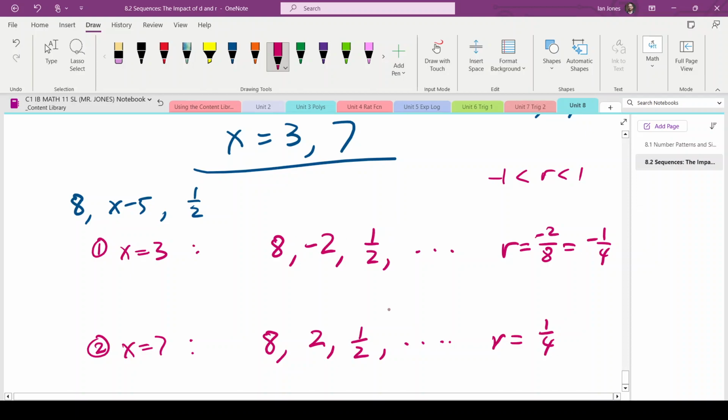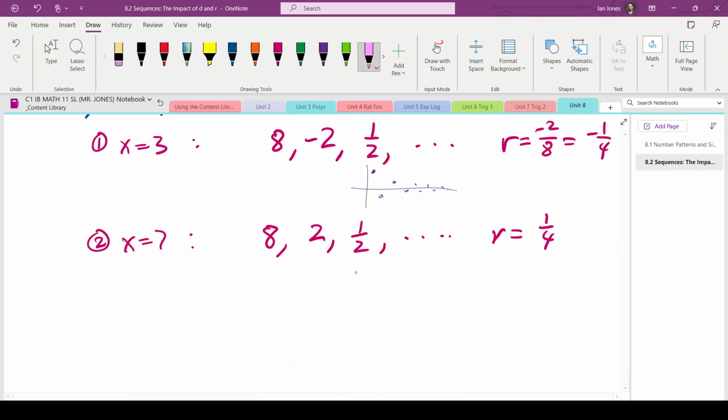We have almost the same sequence. The only difference is the first one is going to alternate the signs, and the second one is going to be all positive all the way. Okay, so if we were going to graph it, we would have the first one going like this, and we would have the second one going like this.